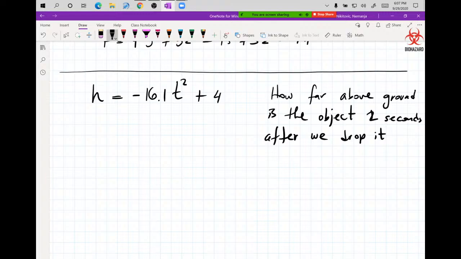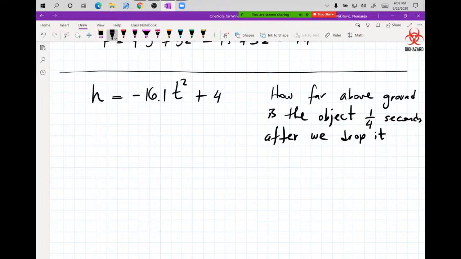Oh, this is not going to be good because it's going to give us... Okay, let's go half a second. Would that do it? No. Quarter of a second. Yeah, things fall fast. 4 feet, 1/4 of a second.